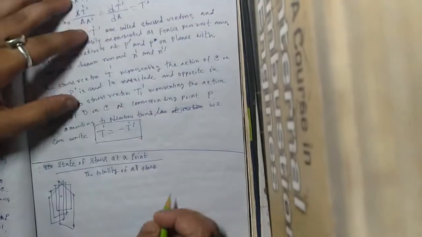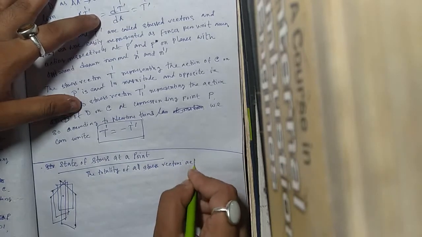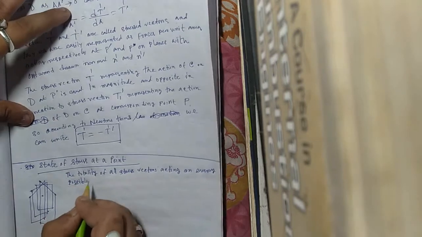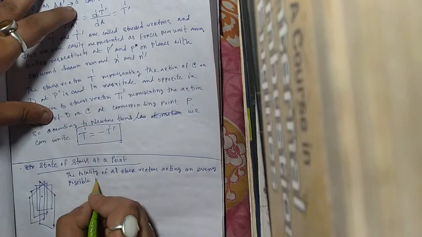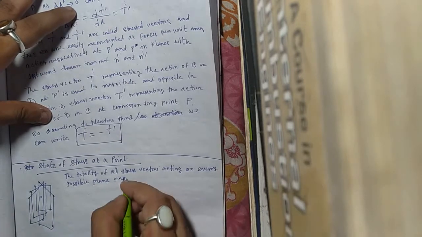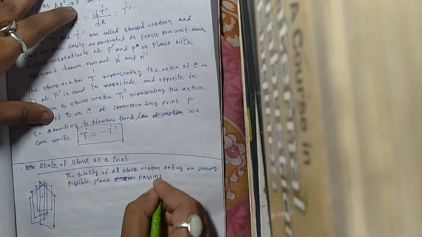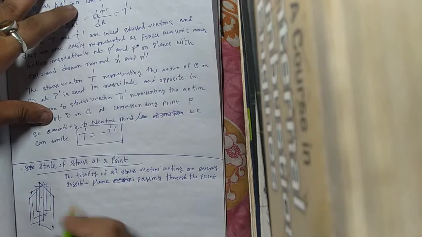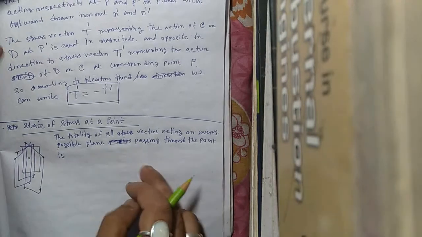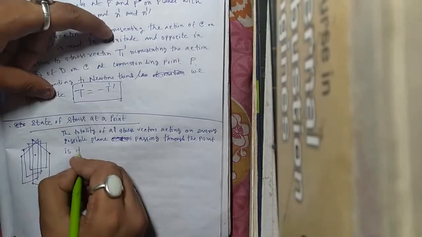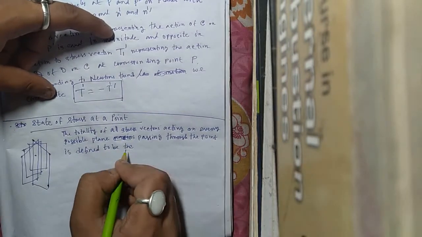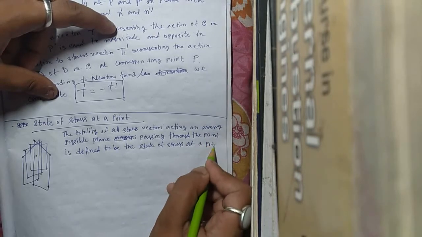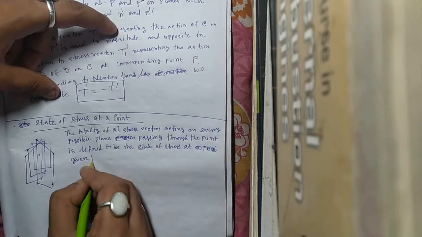The totality of all stress vectors, the stress vectors at all planes in a point, acting on every possible plane passing through the point, is defined to be the state of stress at a given point.